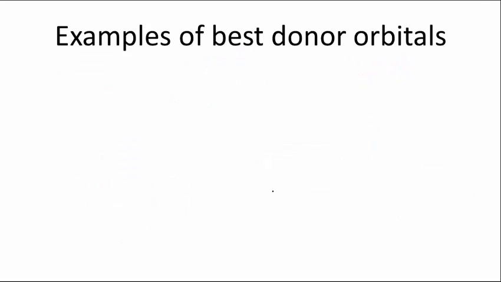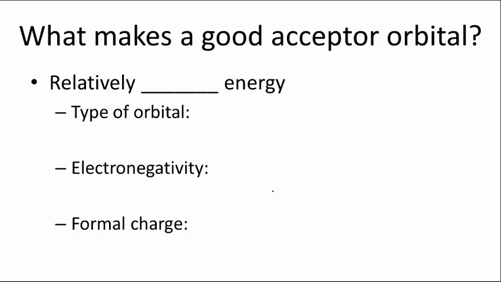All right, so those are some examples of donor orbitals. What about what makes a good acceptor orbital? Well, we said it last time. What kind of energy are we looking for acceptors to have? Relatively low energy. And I'll add in, again, this must be empty, so that precludes any bonding orbitals or lone pairs.